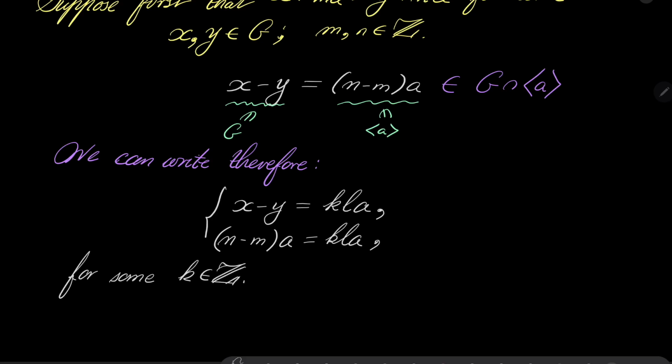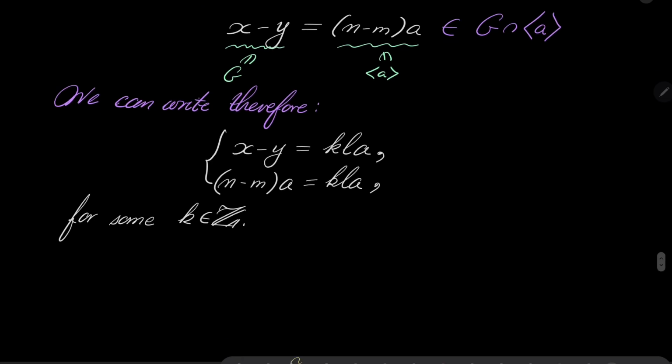All right. And now I wish to deduce something, because let's see, y can be written as x minus kla. That's one thing, but also n can be written, after division by a, by taking the inverse, or by putting everything on one side.